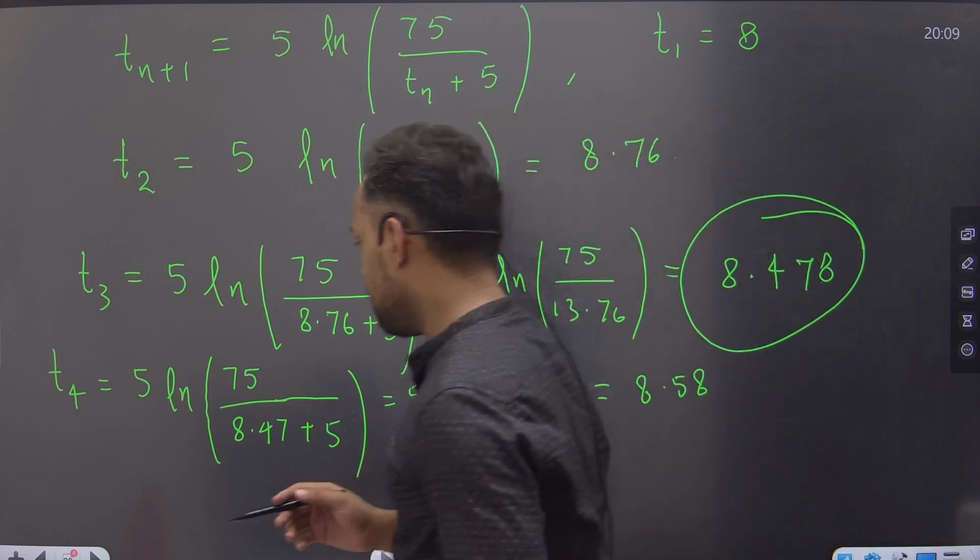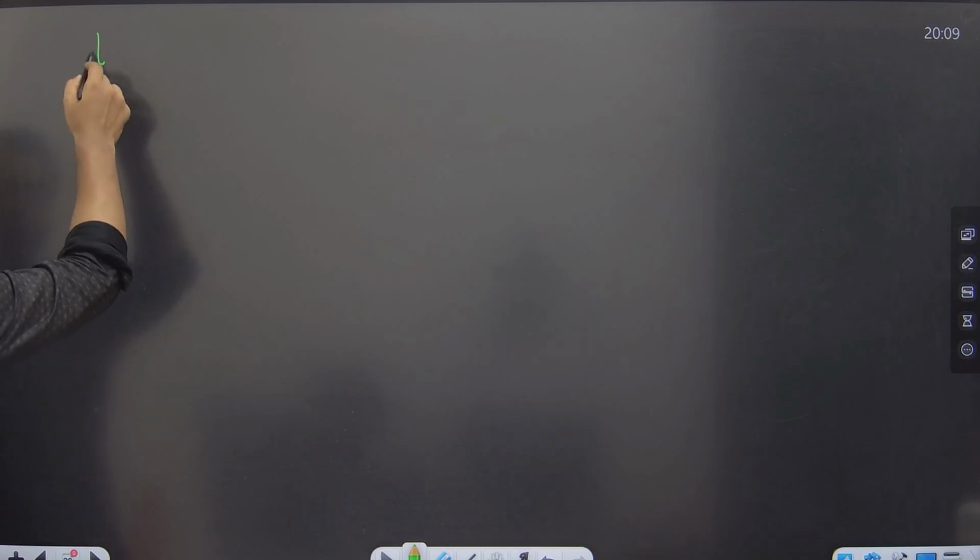Similarly, student, we will be finding it for t5 as well.